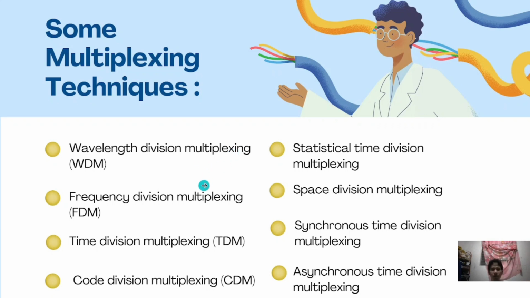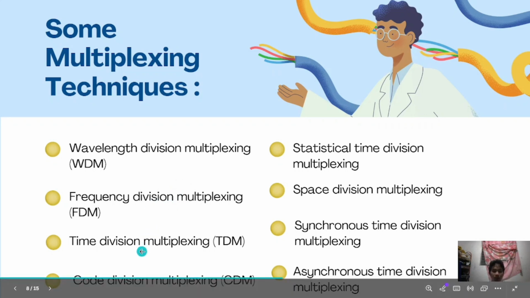Frequency division multiplexing, or FDM, divides the total channel bandwidth into multiple subbands and assigns each subband to a single signal or user. Time division multiplexing, or TDM, divides a communication channel into time slots and transmits each signal during its allocated time slot.